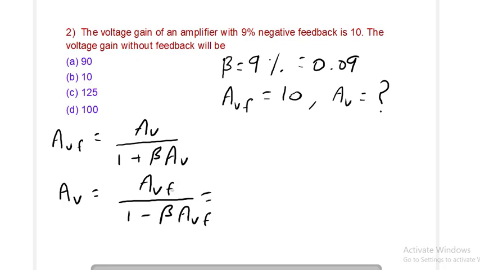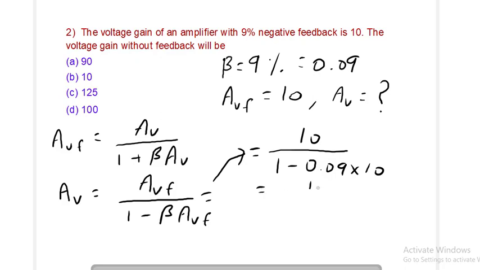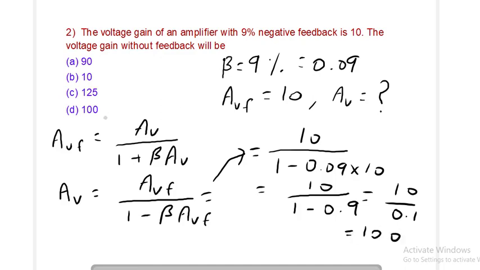AVF is actually 10, so 10 upon 1 minus 0.09 times 10. 0.09 into 10 is 0.9, so we have 10 divided by 0.1, which is equal to 100. So in this case the answer is 100, which we have calculated. This is the answer, you can check it.